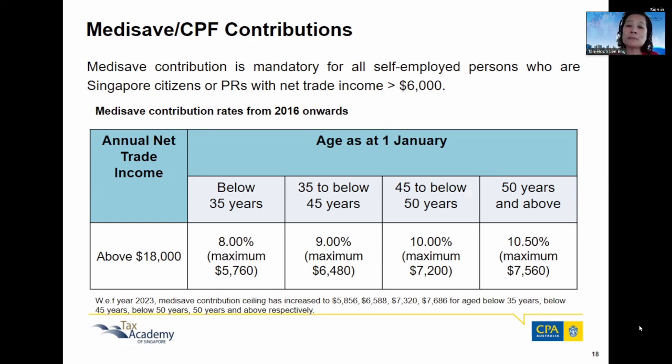So if he is below 35 years old and his net trade income is above 18,000, he falls under the 8% MediSave contribution rate. So 8% of net trade income comes to a certain figure, but the maximum MediSave that he needs to contribute is capped at 5,760.